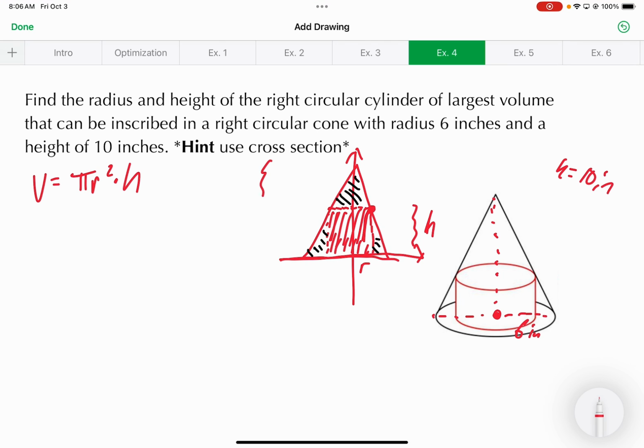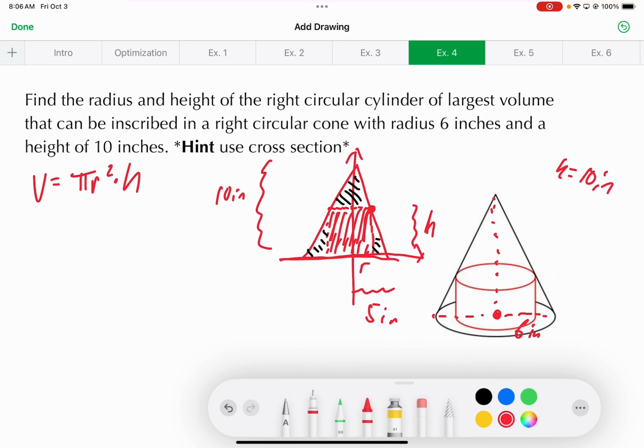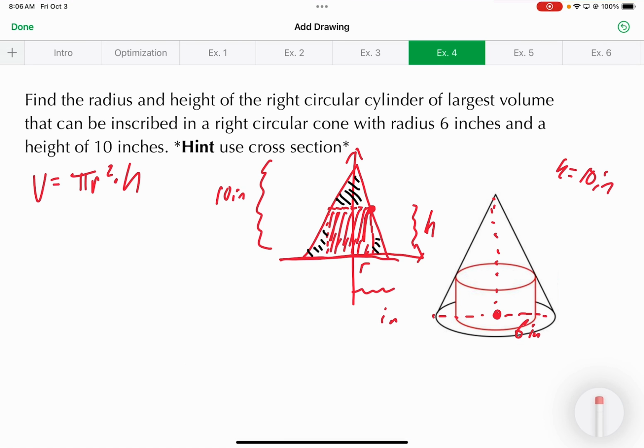So the height of this whole guy is 10 inches, and the radius is 5 inches, 6 inches, sorry. It'd be too easy if it was 5. 6 inches, okay?